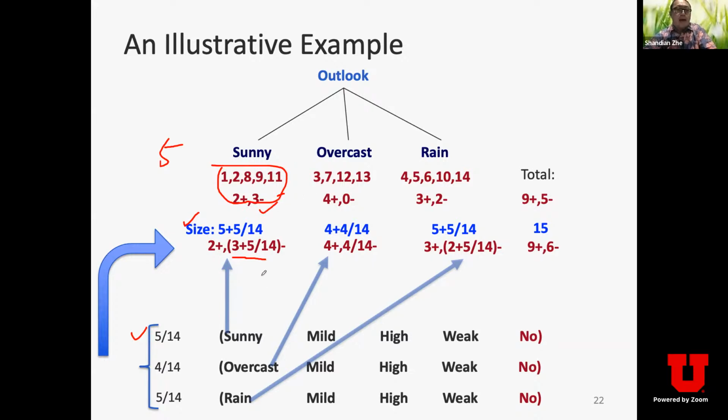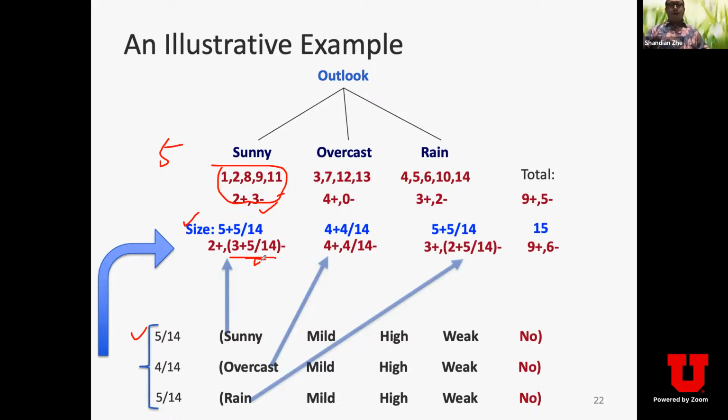Now I add 5 over 14 negative example. So now the number of negative examples is 3 plus 5 over 14. So just be a little bit cautious: now the number of positive examples and the number of negative examples could be non-integer numbers, but it doesn't matter.